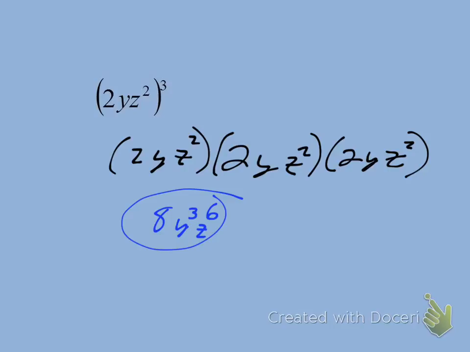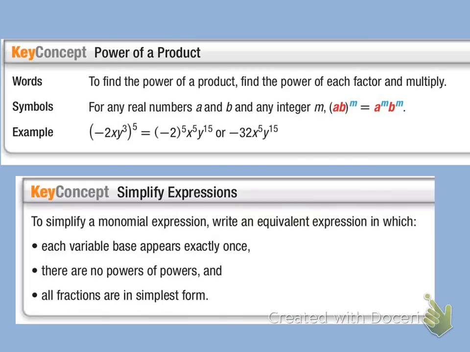The most common mistake I see is instead of seeing 8 here, I see 6. Anybody know why? Because they just do 2 times 3. Yeah. You have to keep the numbers separate from the variables. 2 is still your constant. You are cubing it. The rule goes like this: you cube everything. It's a product up top here.